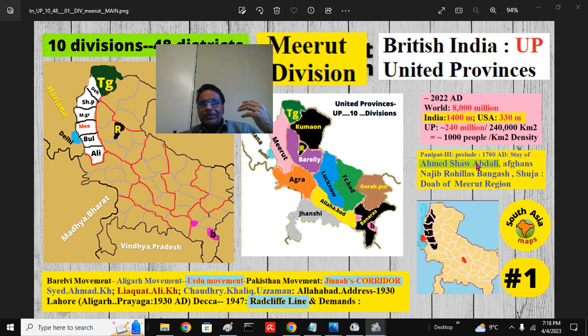The leaders of the Muslim Nawabs of that region, Najib Khan Rohilla and Bangash Nawab of Farrukhabad and Shuja-ud-Daula, all helped the army, and they crossed the Yamuna river and gave a very big battle to the Deccani Marathas, and the Marathas were vanquished.